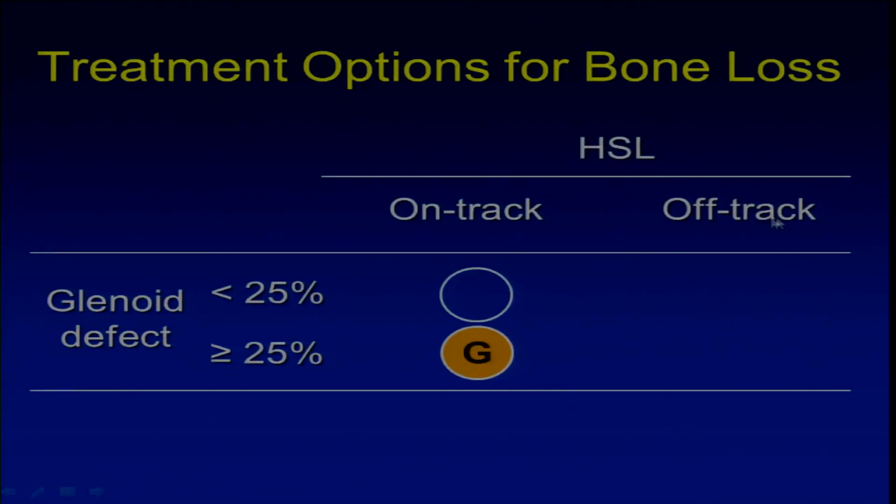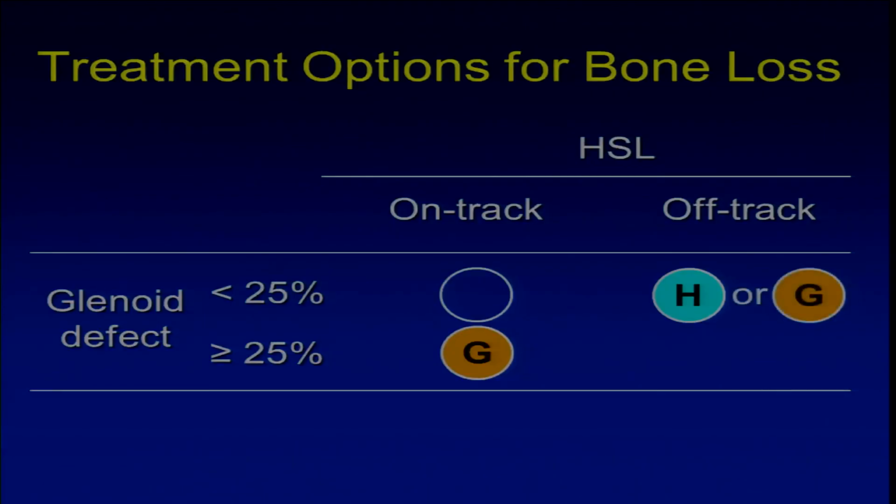For the off-track Hill-Sachs lesion, if the glenoid defect is small, you have to think about this Hill-Sachs lesion. So the remplissage may be the best indication, but if the patient is a throwing athlete, you don't want to do the remplissage. Or if the patient is in a high-risk group, like a rugby player, then you may want to do the Latarjet procedure. That's fine.